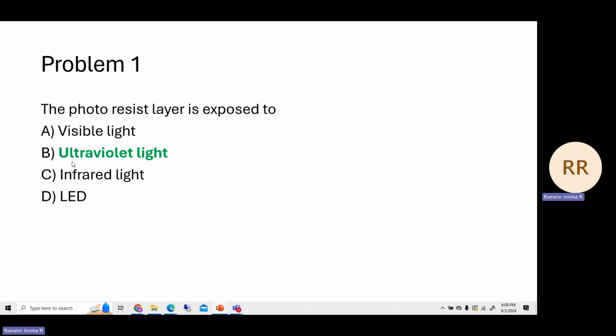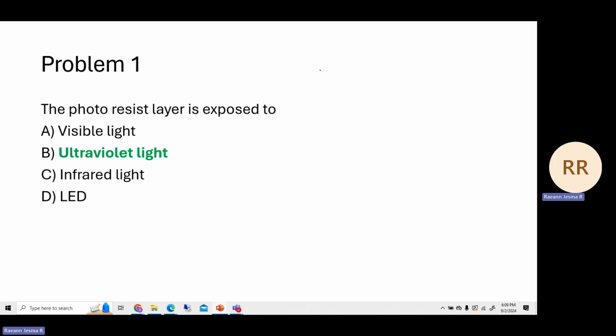The photoresist is a highly sensitive chemical substance that is generally used to form patterns. It is sensitive to a particular band of light.